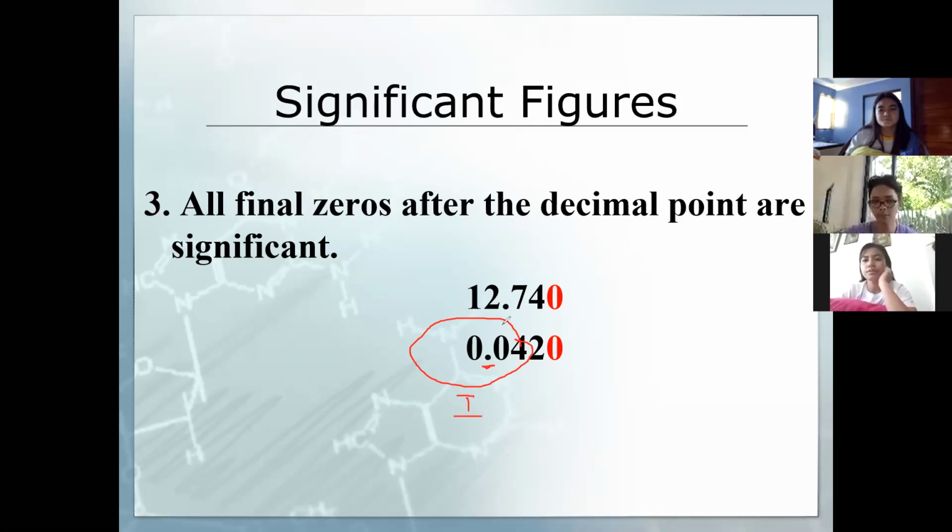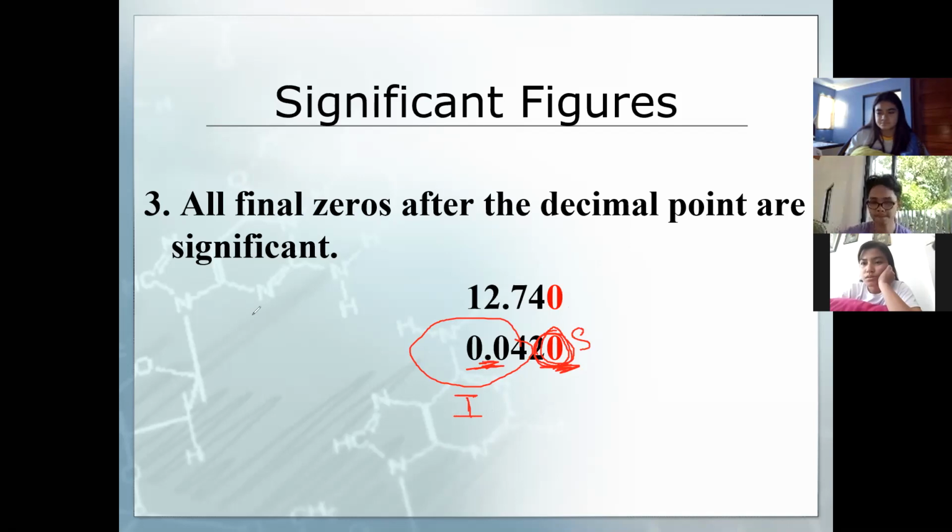However, zeros to the right of a significant digit are significant. In other words, the red marked zero here is significant, while these zeros here are insignificant. And they are significant because the zeros to the right of a significant digit following the decimal point make it a significant digit.